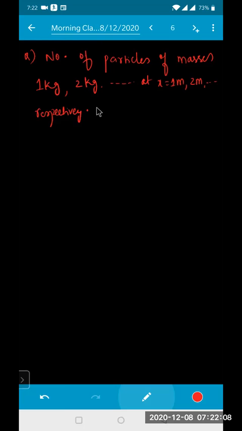First of all, find the center of mass. So XCM. Mass of the first particle is 1, and this one is also 1.